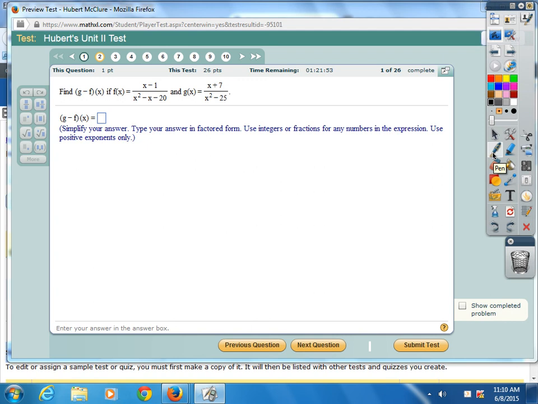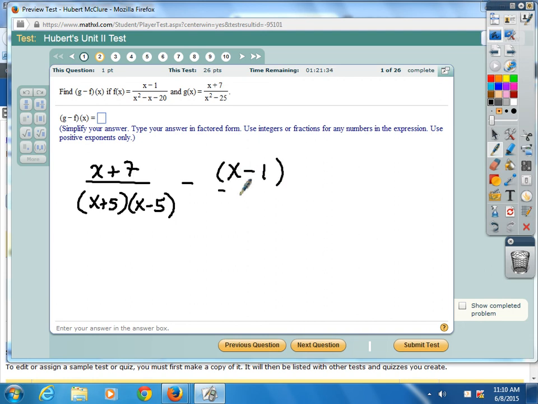G of x is x plus 7 over x plus 5, x minus 5, minus f of x, which is x minus 1 over x minus 5, x plus 4.